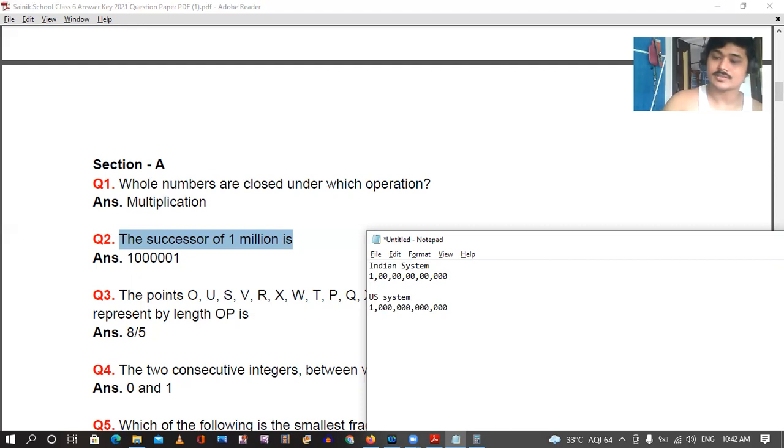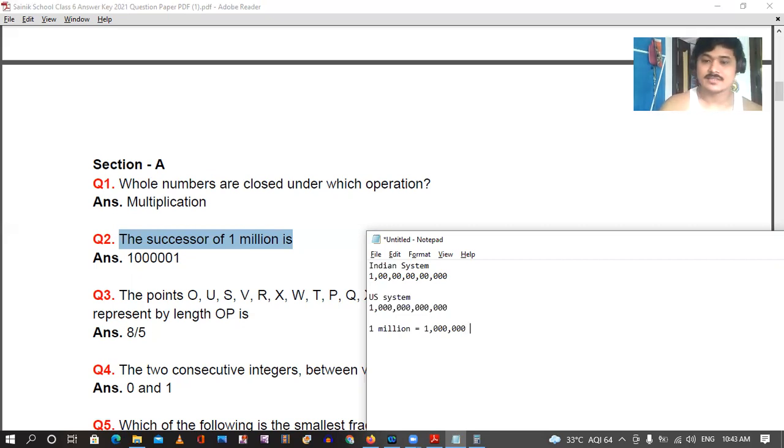That's how it is. So if I have to make 1 million, it is ones, tens, hundreds, thousand, 10,000, 100,000, million. So this is your million.